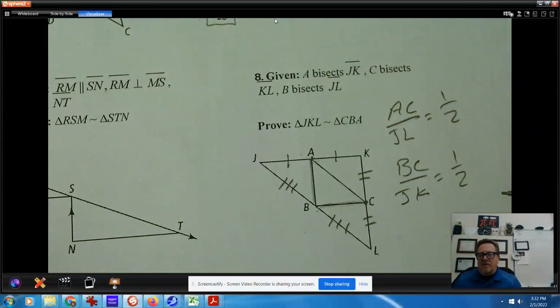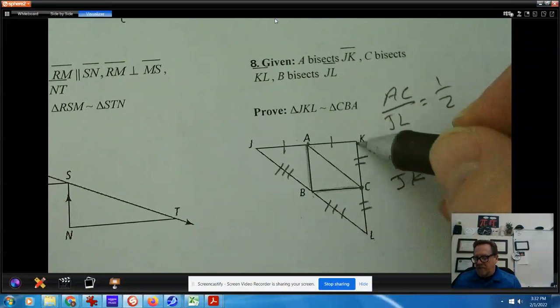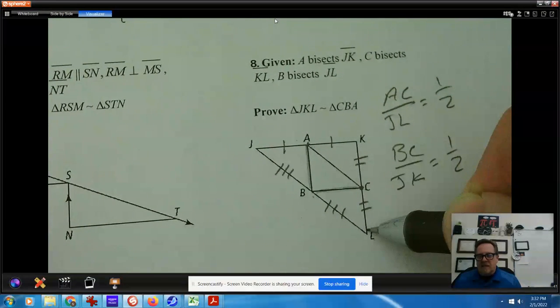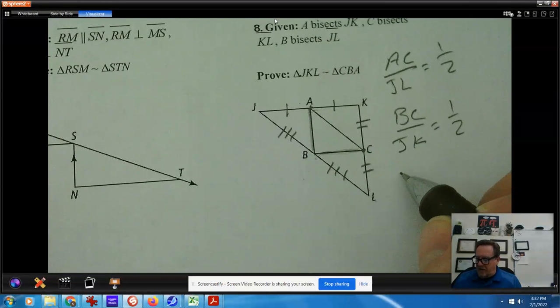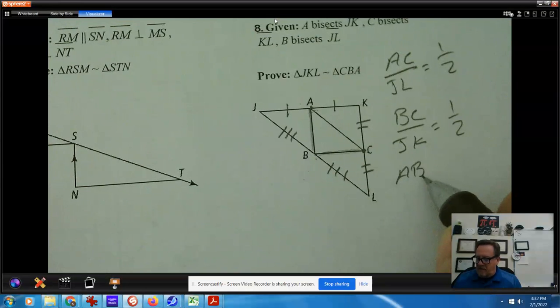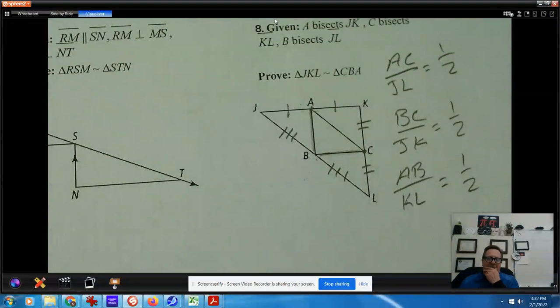AB is also a mid-segment, so it's parallel to KL. And if I were to look at that ratio, I could say AB to KL is a 1 to 2 ratio.